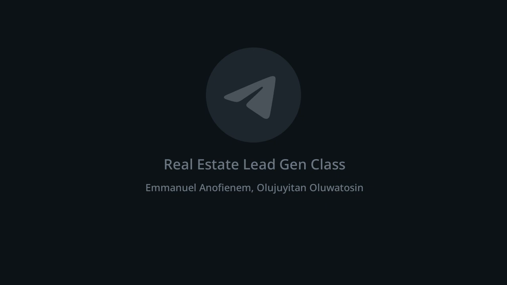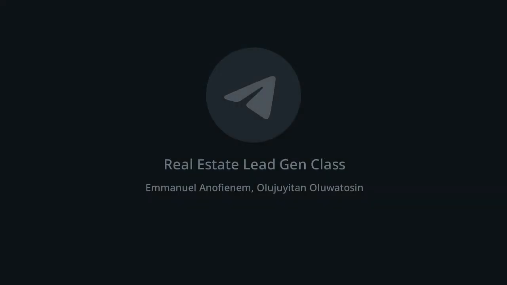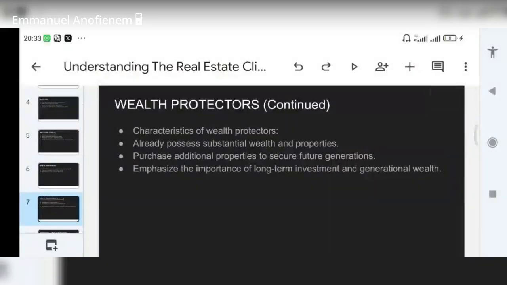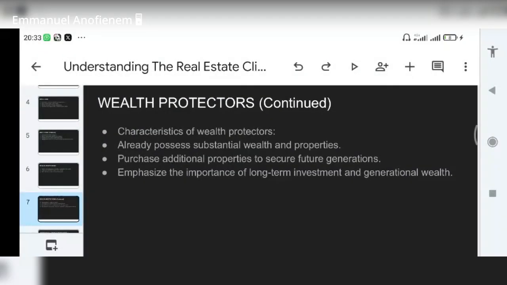So they're more into long-term investments for generational wealth. So your job is to offer deals that protect and benefit their wealth. So their motive is different from that of the investor. So some of the characteristics of wealth protectors is that they already possess substantial wealth and properties.